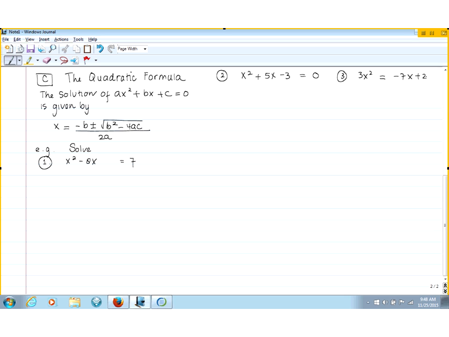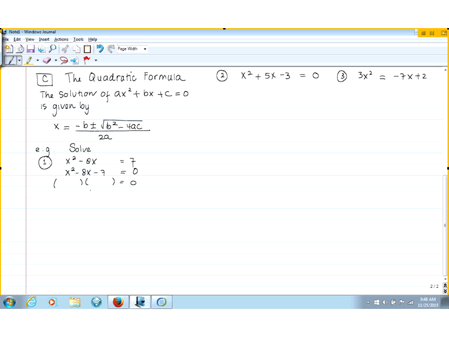So, let's see. x squared minus 8x equals 7. What are we supposed to do? Standard form? Yes. So x squared minus 8x minus 7 is equal to 0. Perfect. Is it factorable? Then you try to factor, right? This is your standard procedure.